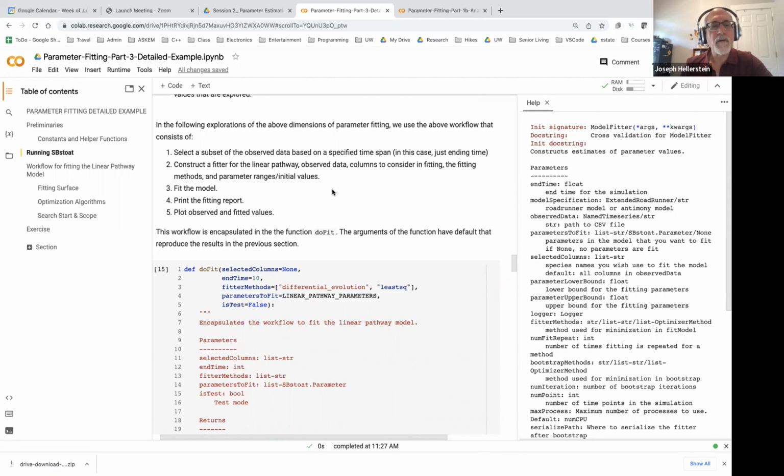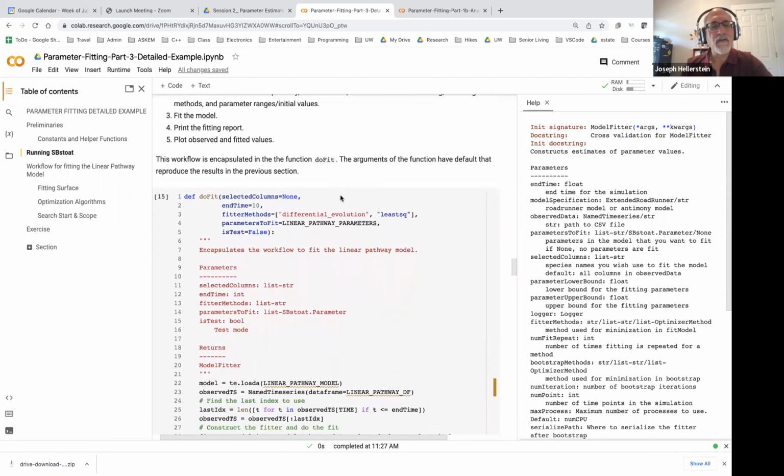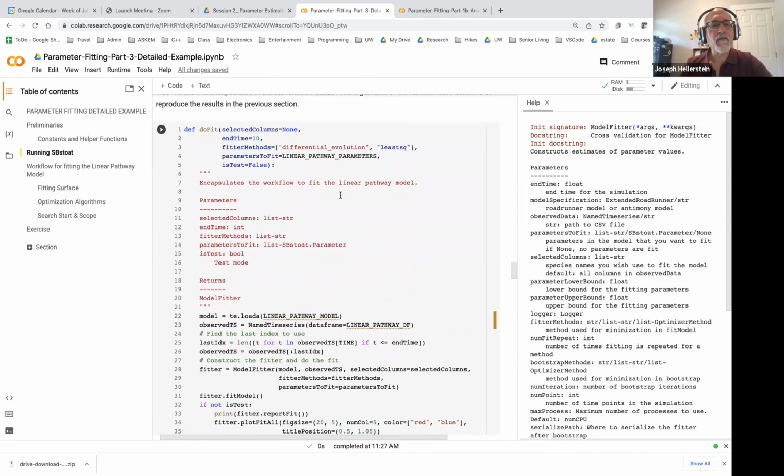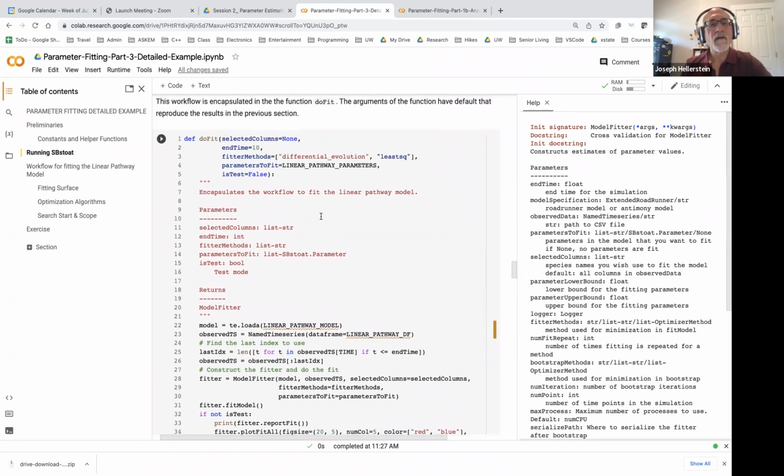But one thing I will emphasize computationally, as you're doing the mechanics of this analysis, is to encapsulate your search process into functions as much as possible. And that's what's done here. This do fit function tries to encapsulate a process where it's considering a number of different columns you might fit, or n times that you might want to consider.